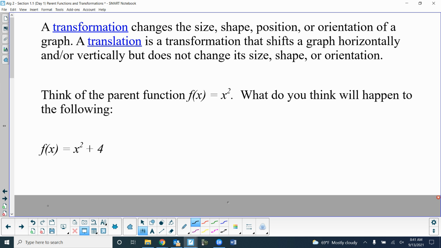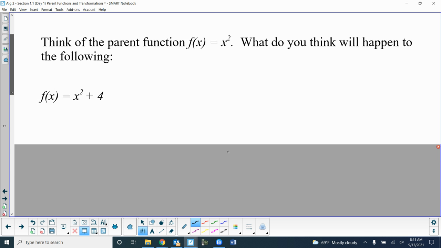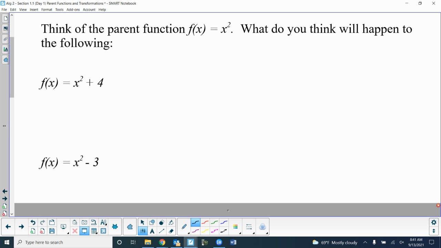Okay? So what did we learn again about these? You guys looking at your notes, hopefully? When it's plus or minus outside of parentheses, outside the variable, what happens? Come on, you guys should know this. This is what we actually did go over.